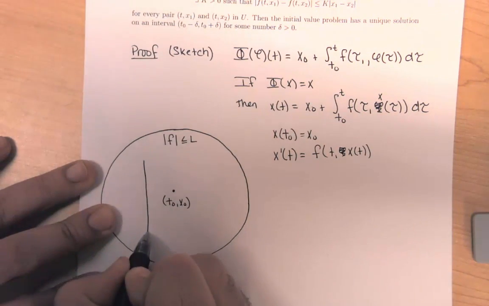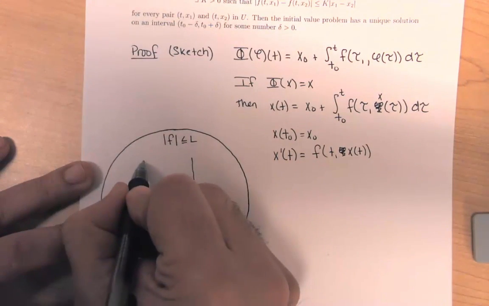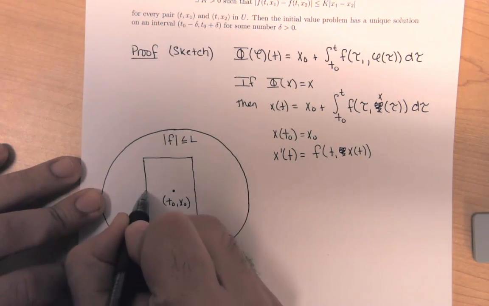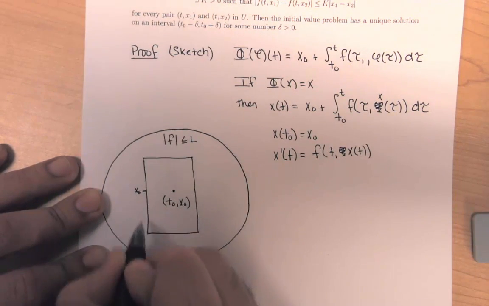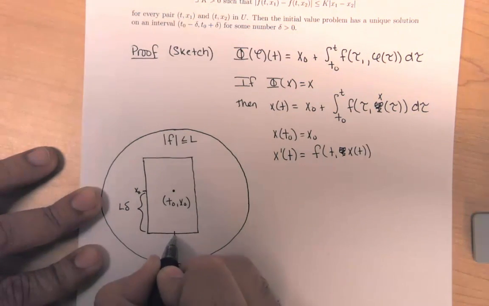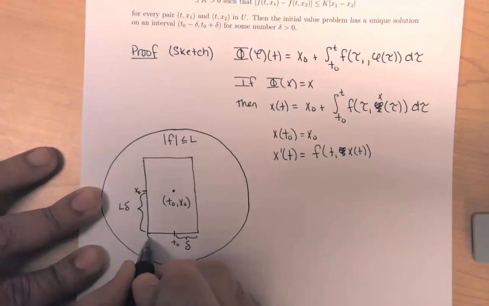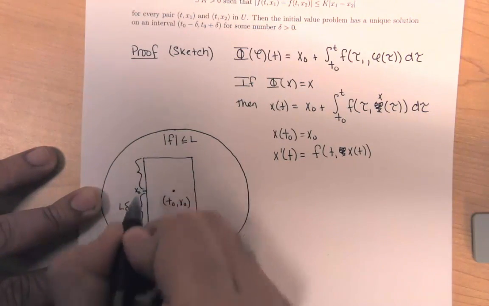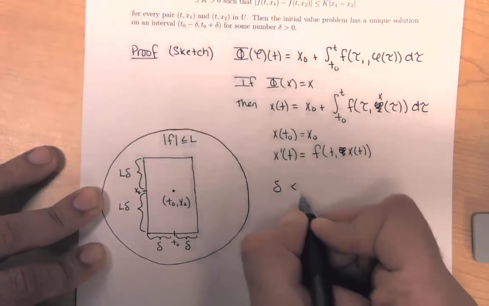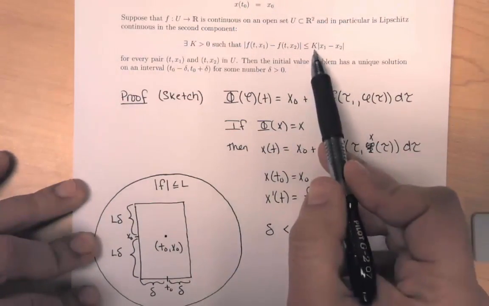Now suppose that I take a rectangle inside this circle where this distance from x naught down is L times delta, and this distance from t naught over is delta, and of course the same distance here and the same distance here as here, L delta, where delta is less than 1 over k, and k is my Lipschitz constant.